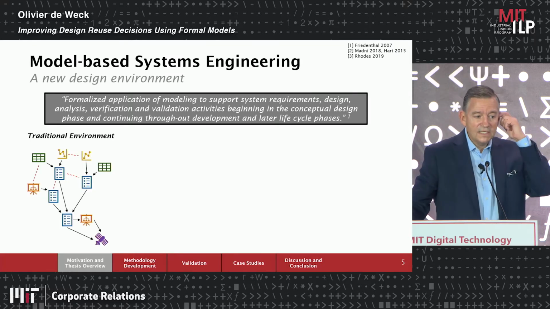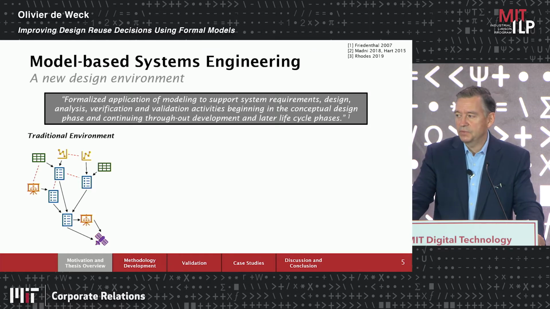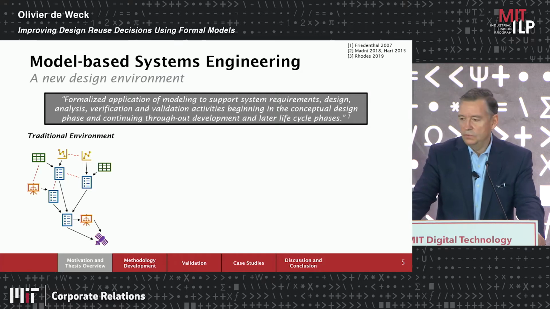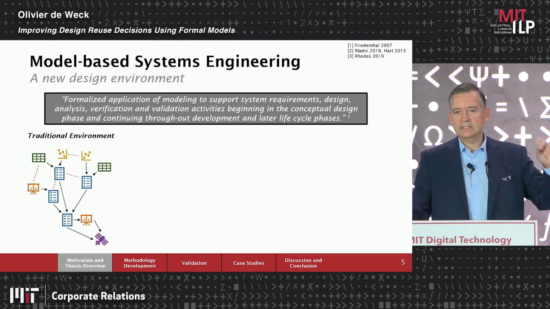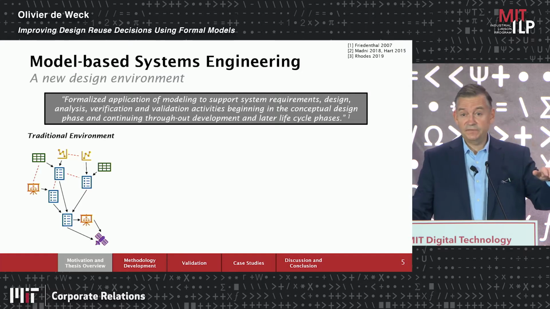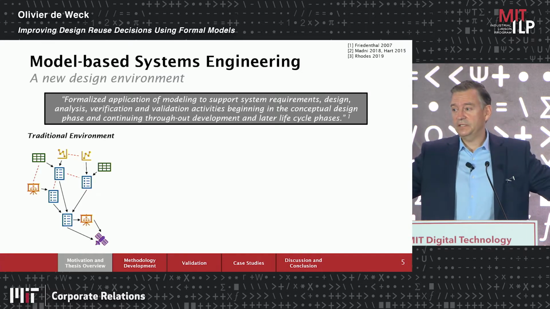Good. So what is model-based system engineering? This is, I think, a very good match with the topic of this conference, digital transformation. The traditional way that we do design, not just in aerospace, but in other industries, is shown on the left. Basically, we are maturing our design, whether that's computer-aided design, writing our software, our specifications, our requirements, and they are all scattered in different documents, right?